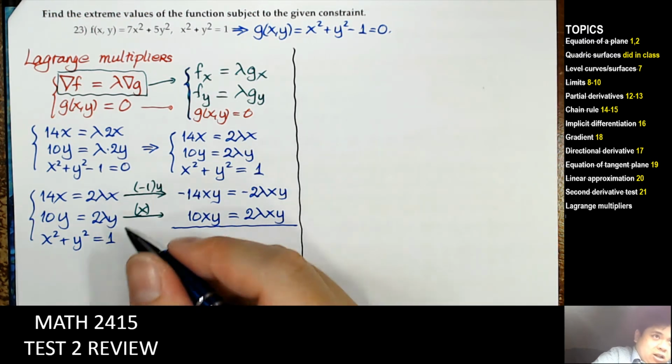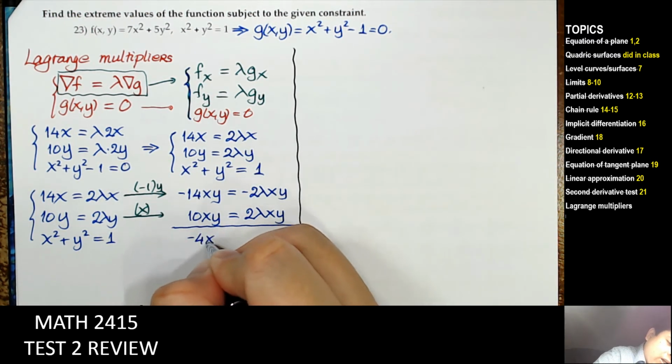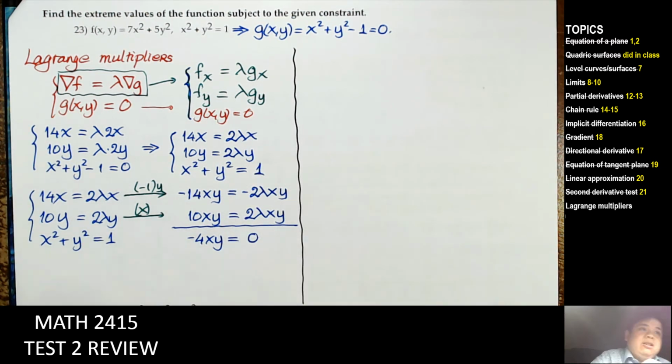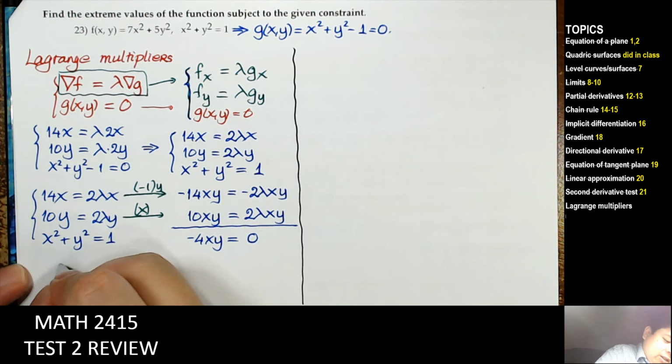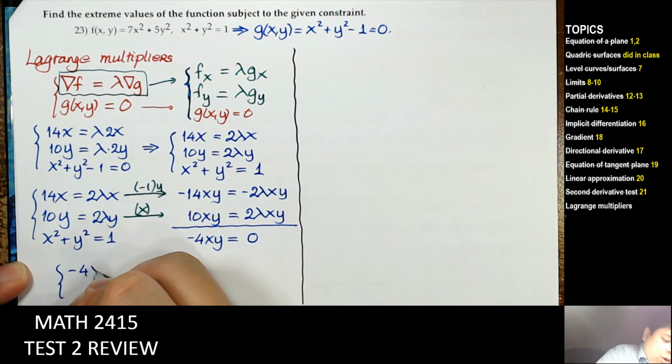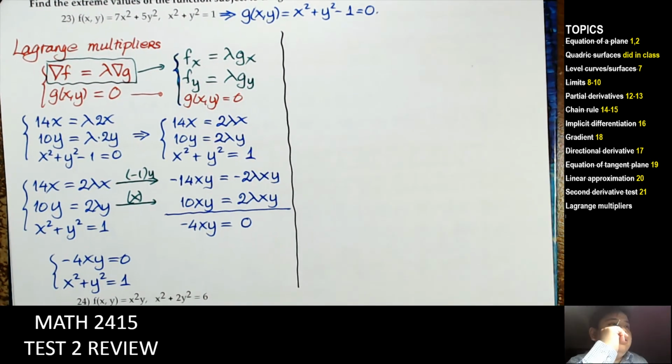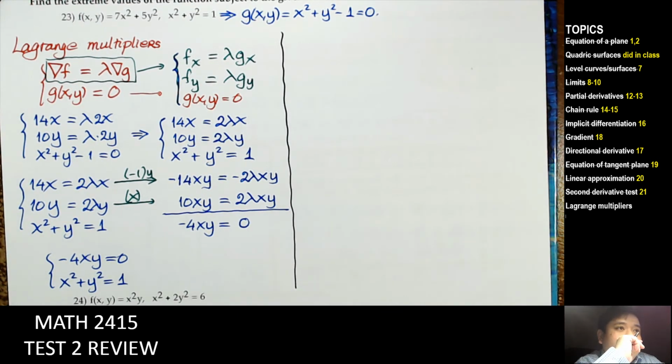We add side by side: negative 4xy equal to 0. So that turned out to be very nice. We just have negative 4xy equal to 0 and then x squared plus y squared equal to 1. So we eliminated lambda and that's what we have.